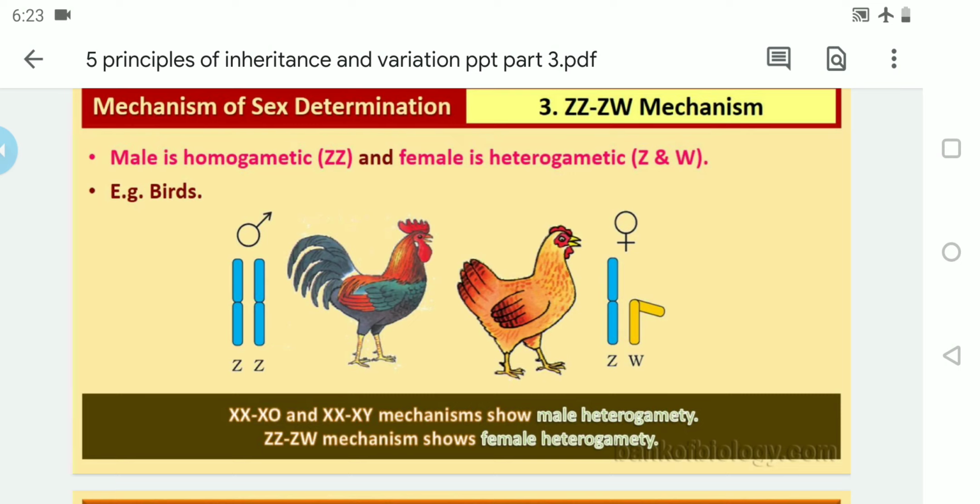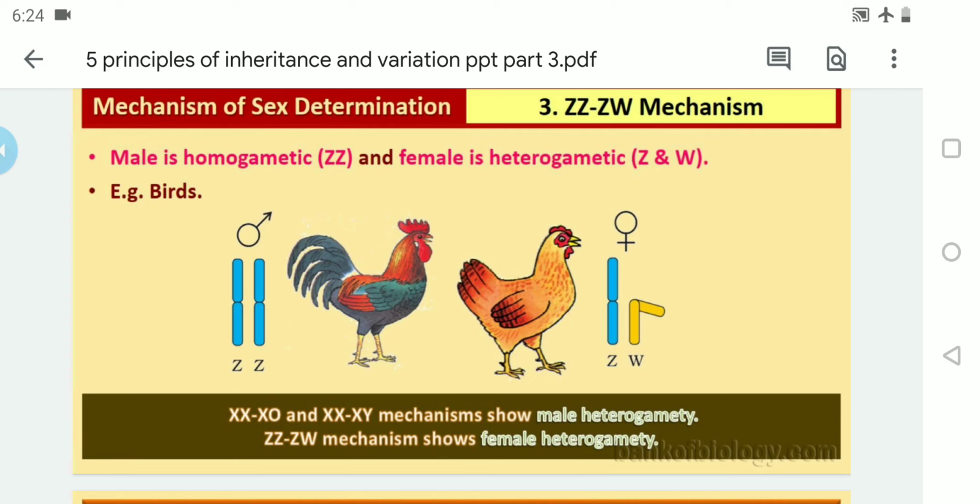If the sperm carrying the Z chromosome fertilizes the egg carrying the Z chromosome, the zygote develops into a male. Did you get it? And if the sperm carrying the Z chromosome fertilizes the egg carrying the W chromosome, the zygote develops into a female.